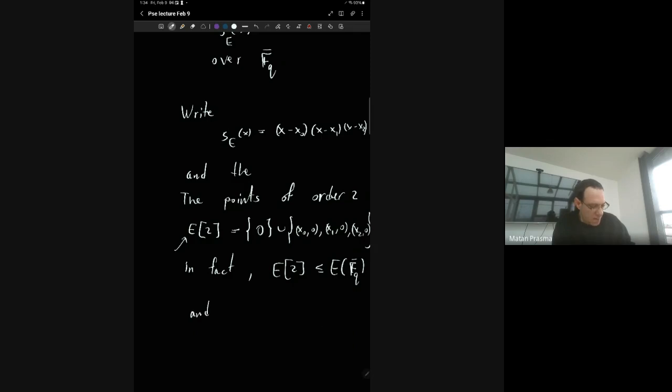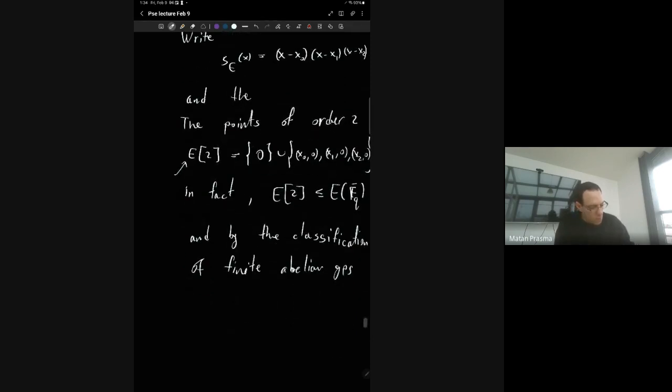and by the classification of finite abelian groups, we know that it can be isomorphic to, there are just 2 options.